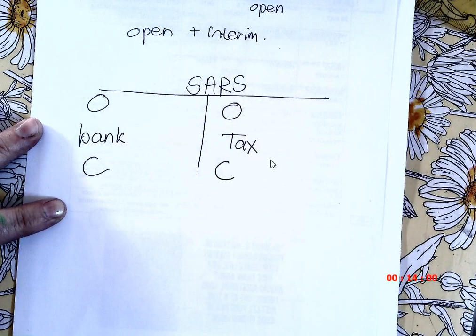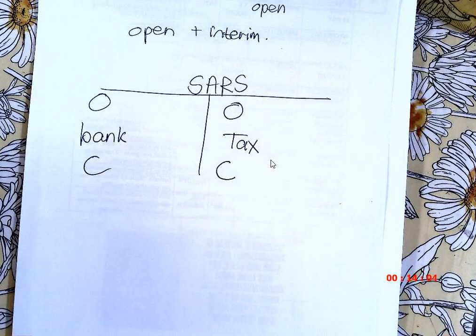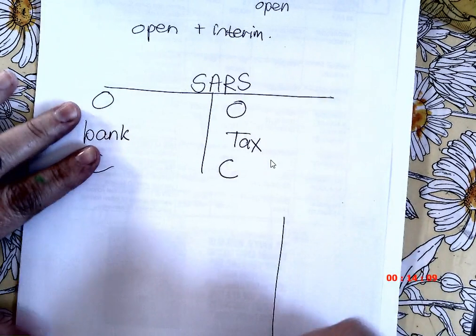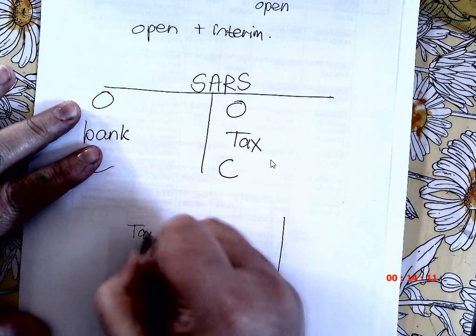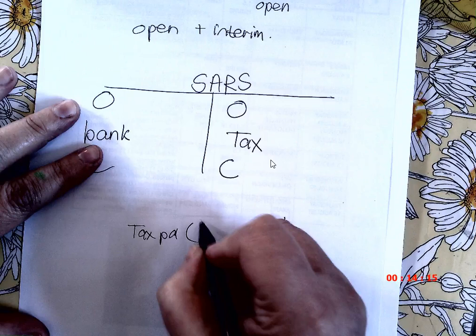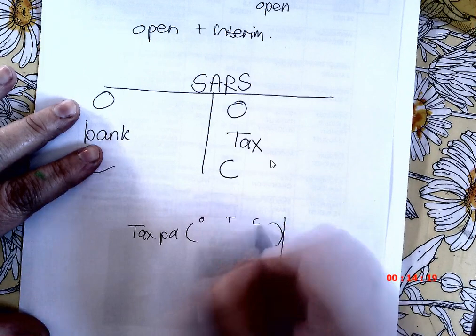That doesn't change. So the first thing you always go to is, because this is now your trick, ne? Because if you look in your face where it says tax paid, ne? You're going to put in brackets, and it's going to be an opening, and it's going to be a tax, and it's going to be a closing.